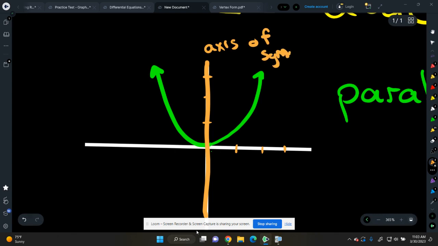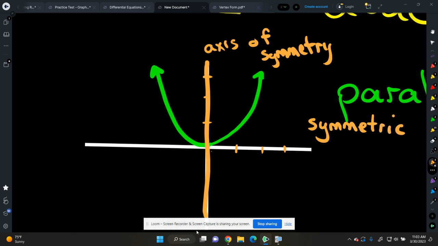because a parabola is symmetric. What does symmetric mean? Same on both sides. Our faces are symmetric. Our whole body is symmetric. If you were to slice me in half, please don't try, you'd have, hopefully, exactly the same sides.